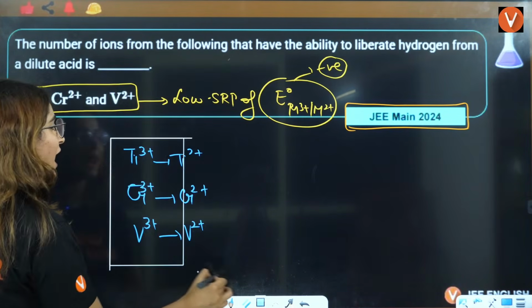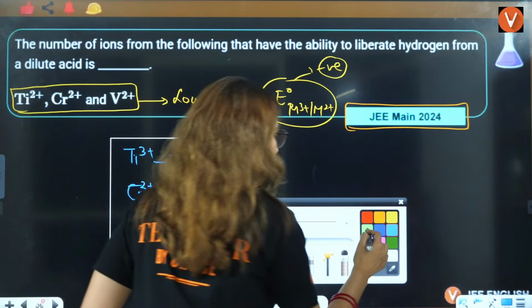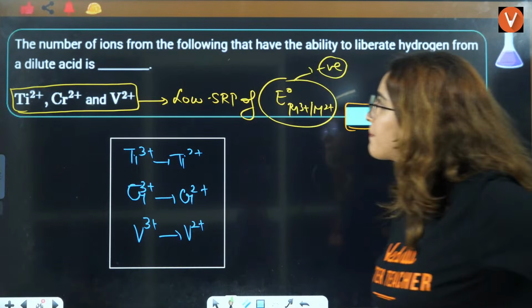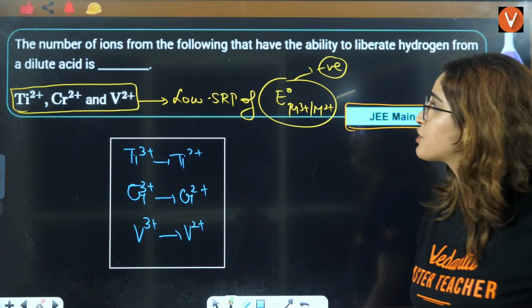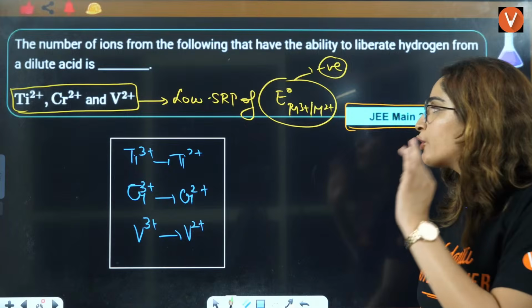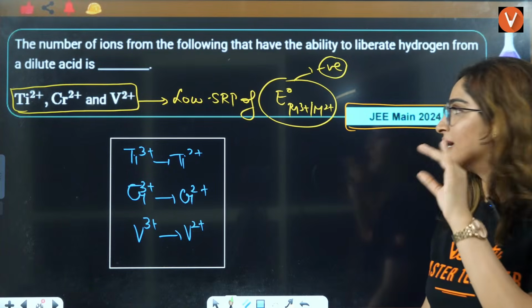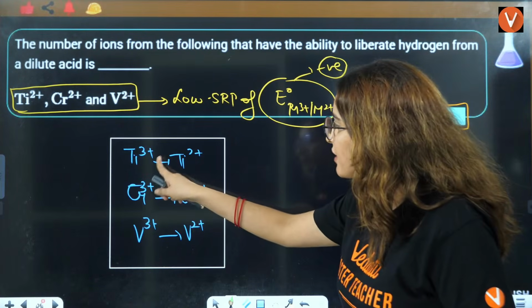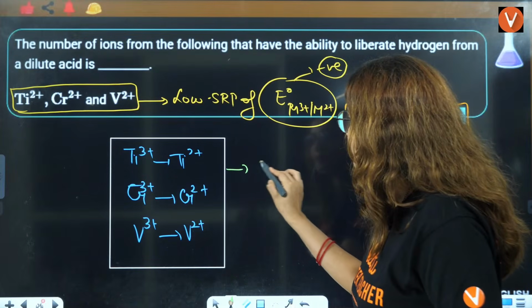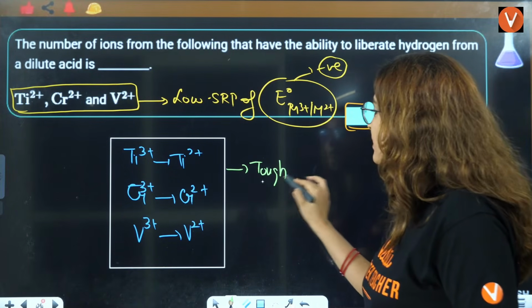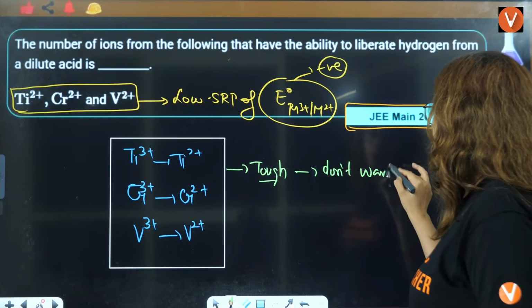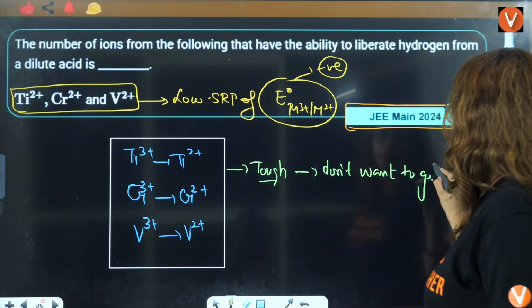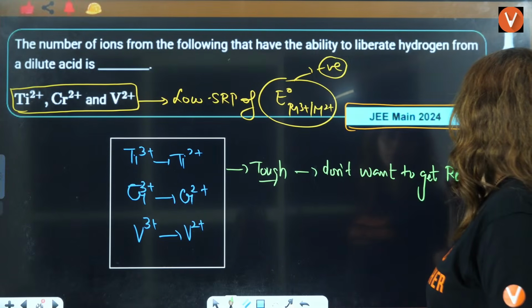If all these are tough, will they have the ability to liberate hydrogen from a dilute acid? If this is tough, that means they don't want to get reduced.